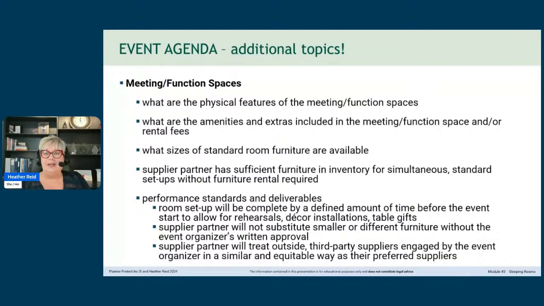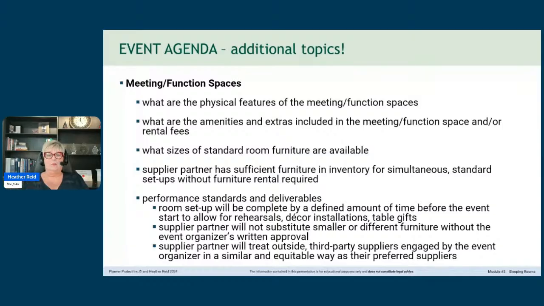We think about linens, water stations, remote access to lighting panels. There's so many attributes that we take for granted as included in our meeting space, but yet fail to itemize those in our contracts. So when you're thinking about event space in the event agenda, think beyond that to what is included as far as amenities and features.